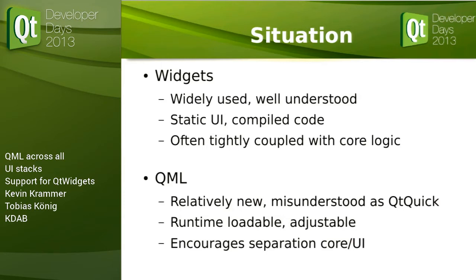So, when we have QML and we have QtQuick, and they are two separated things, why don't we always use them together? Why not throw the QtQuick part away, using QML as a description language, and instead of instantiating QtQuick items, why don't we just instantiate QtWidgets?